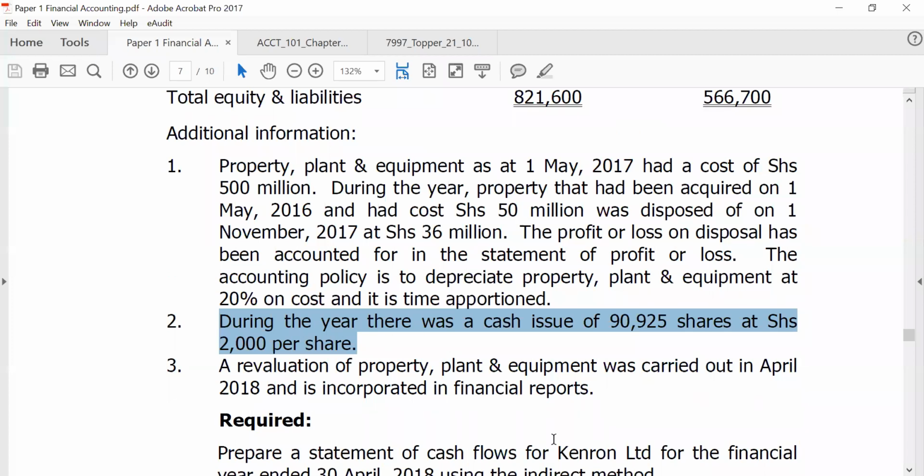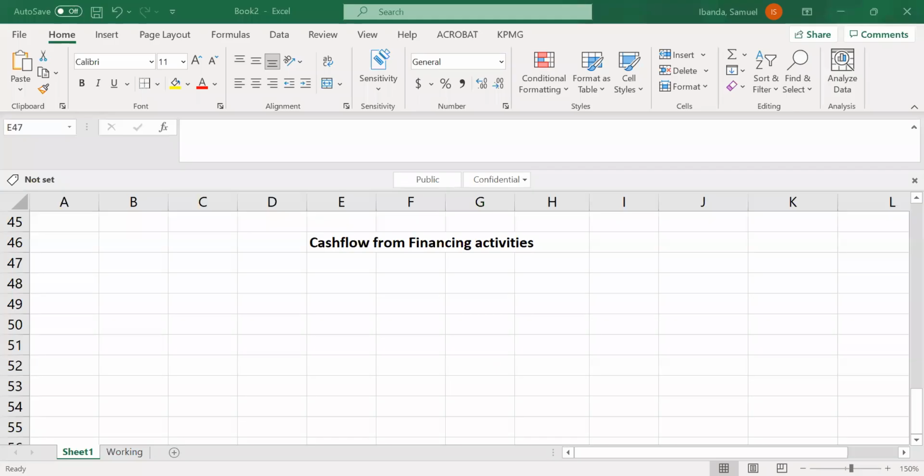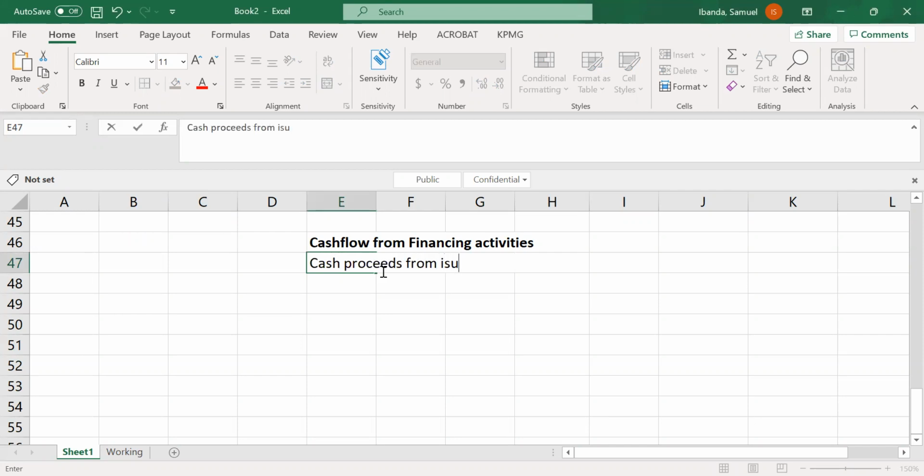So we're going to calculate the proceeds, because what we are looking for under our cash flows from financing activities is what we call the cash proceeds from issue of shares.